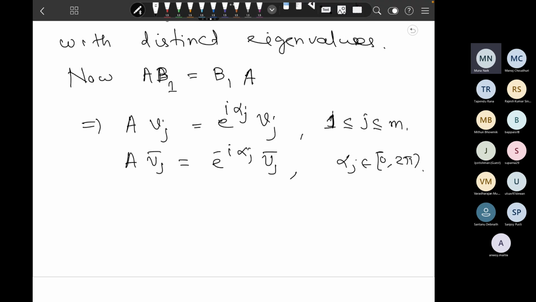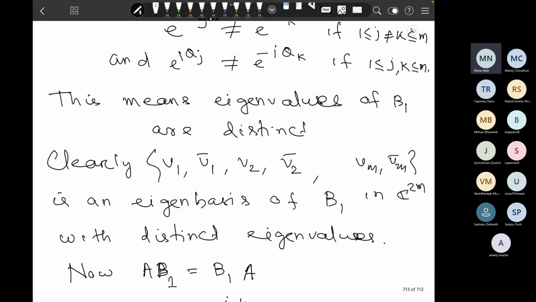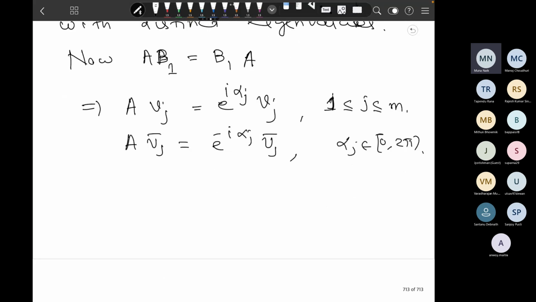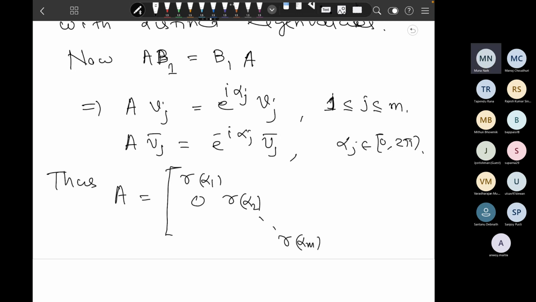Now this is with respect to this basis, but I want everything in terms of the standard basis. So A will be R alpha 1, R alpha 2, up to R alpha m in terms of the standard basis. If you convert back, you will get this.